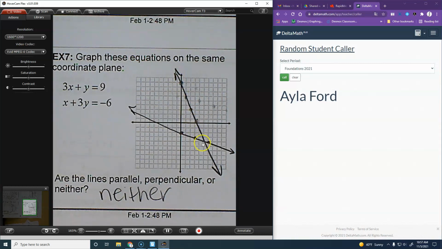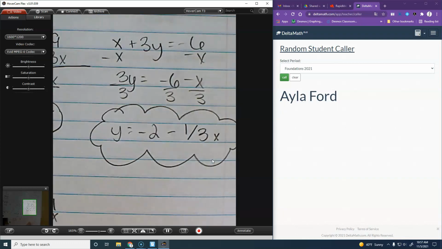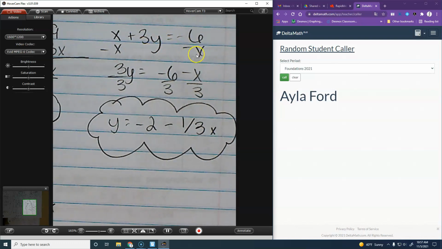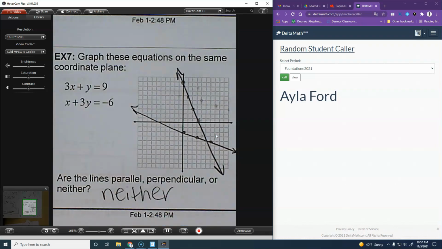I think this line right here looks good. Let's see what she did for the other one. x plus 3y, subtract the x, divide by 3, y = -2 minus 1/3 x. I think that looks good there. And so we have y-intercept at -2, slope -1/3. I think that looks good.